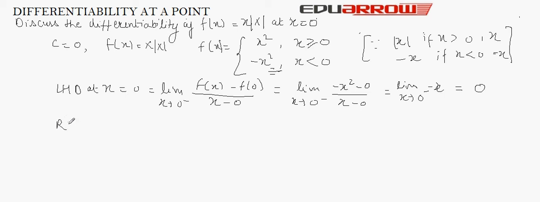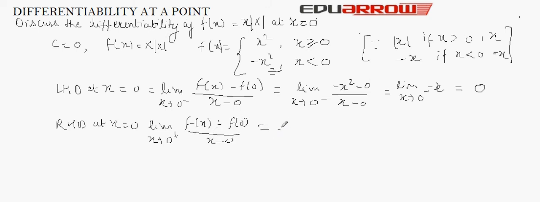Now we will find the right hand derivative at x equal to 0. This will be the limit as x tends to 0 positive of (f(x) minus f(0)) over (x minus 0), which is the limit as x tends to 0 positive of x square upon (x minus 0), because here x is greater than 0, which is the limit as x tends to 0 positive of x, equal to 0.